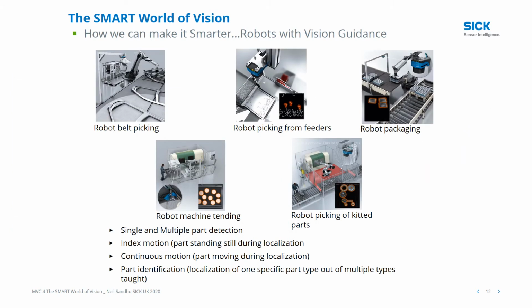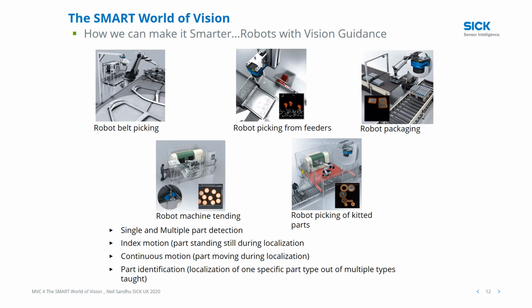So a few examples, a few more here in terms of how vision potentially can help a robot in different areas, looking at picking from belts and from bowl feeders or from different types of feeding systems, so we can identify and singulate the parts needed, even helping with packaging and placing cases into the right areas for dispatch.